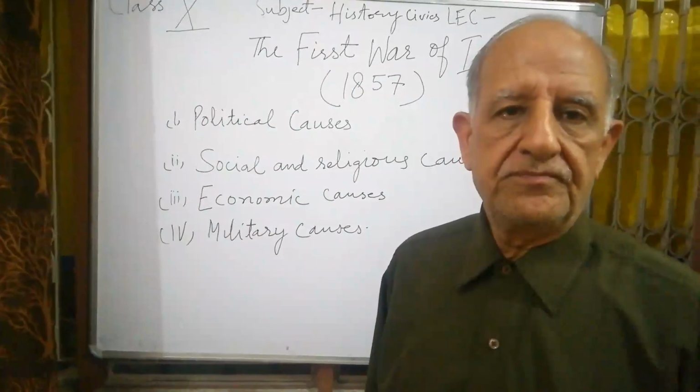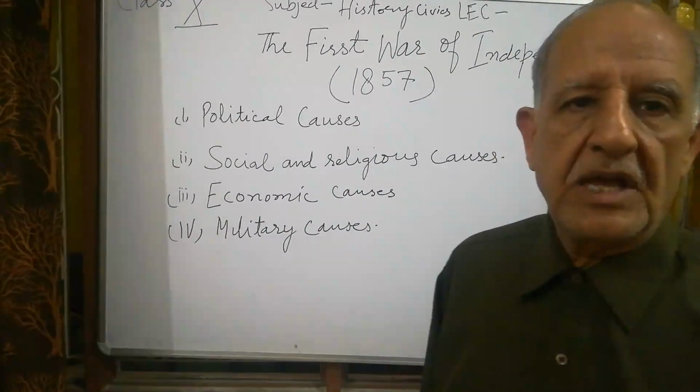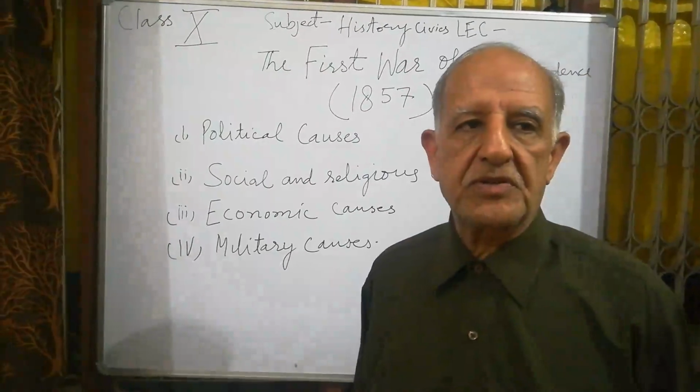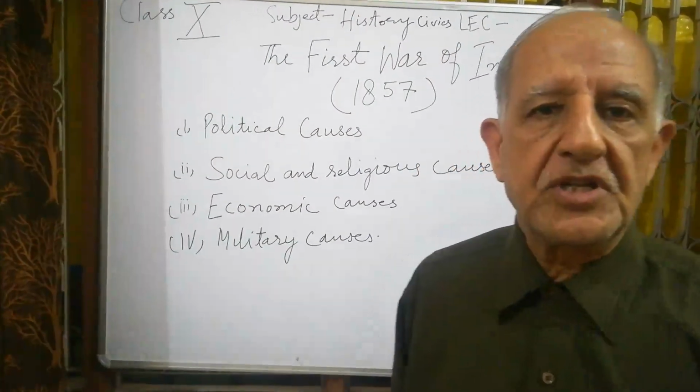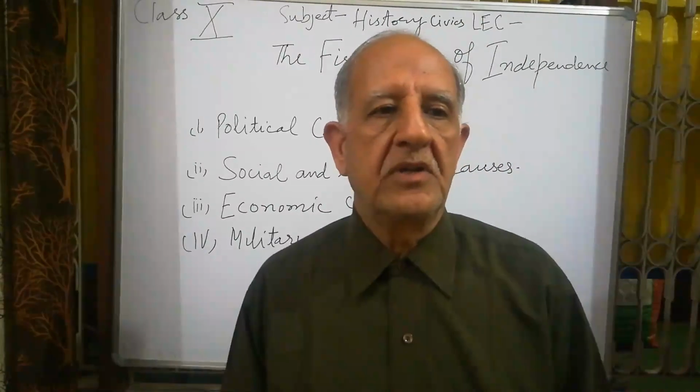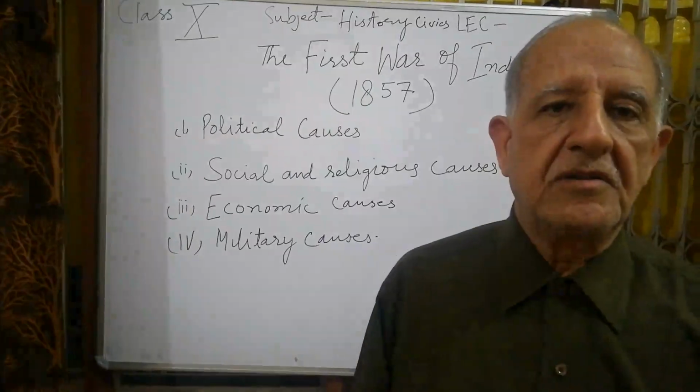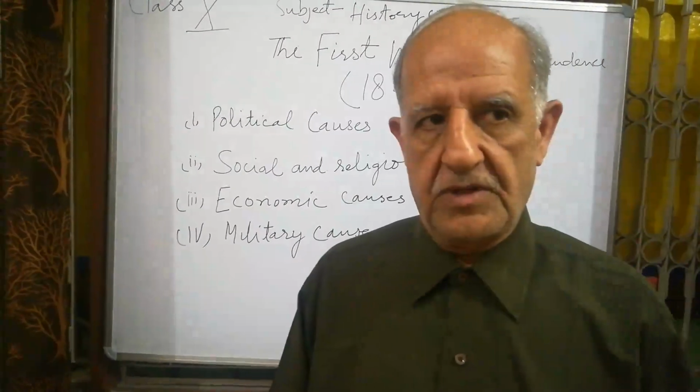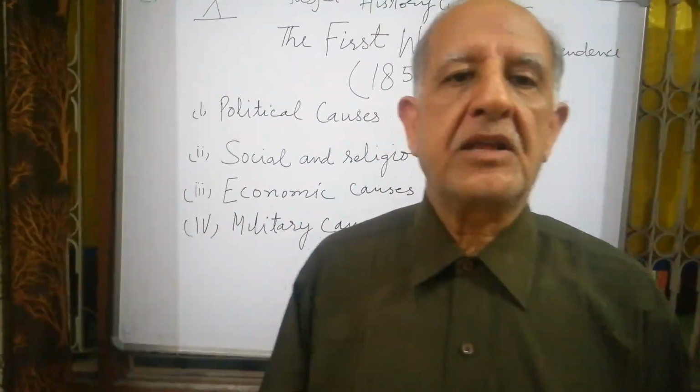At that time, there were a number of Indian princely states like Satara, Jhansi, Nagpur. They did not have their own child.